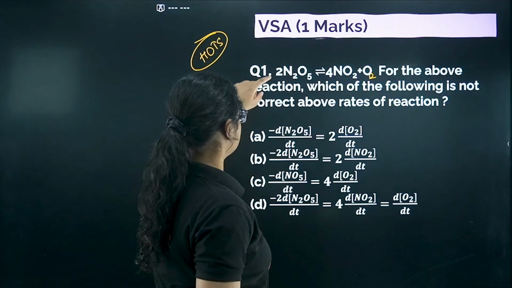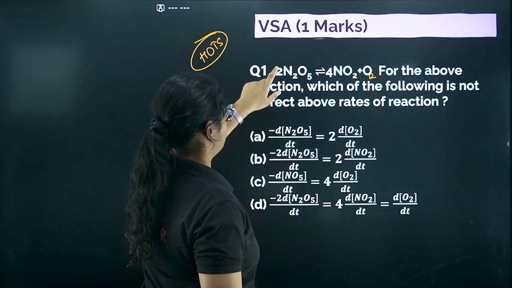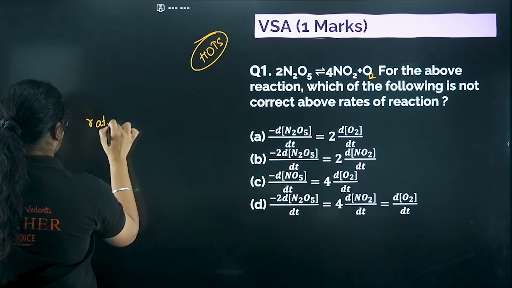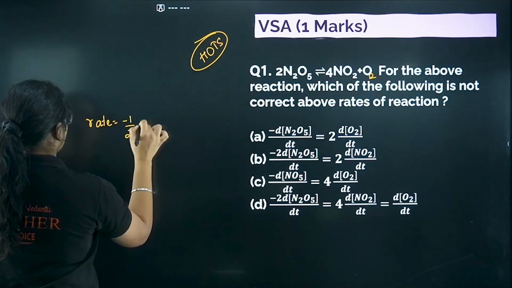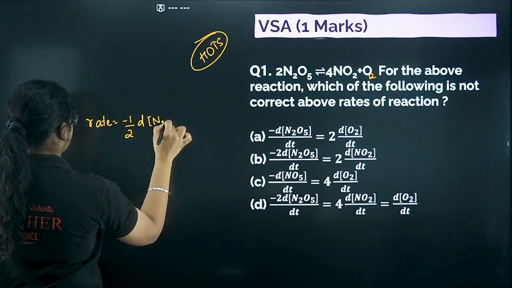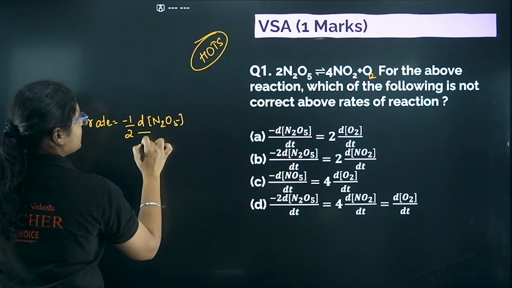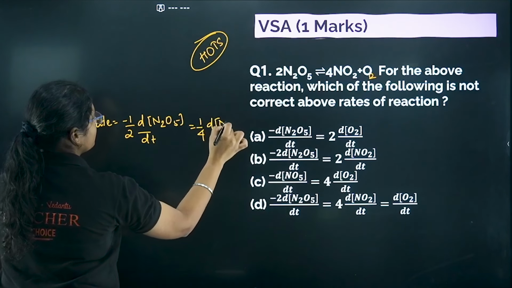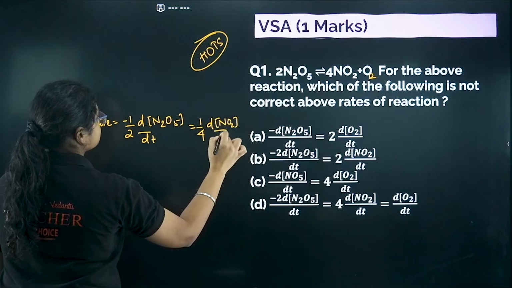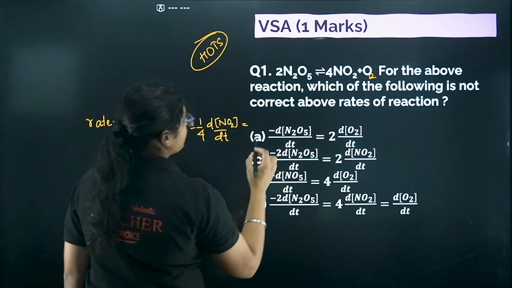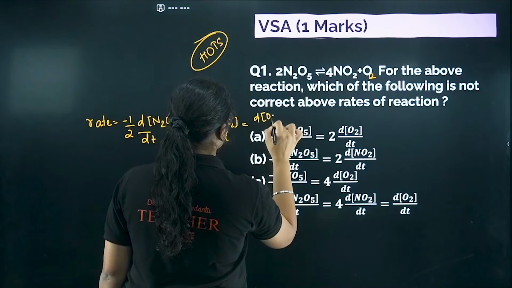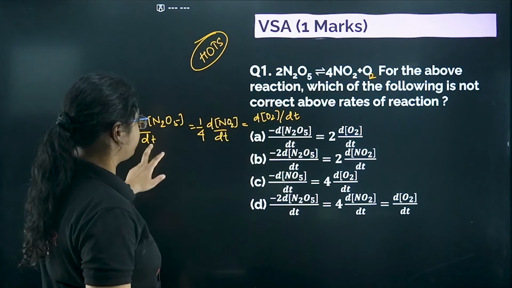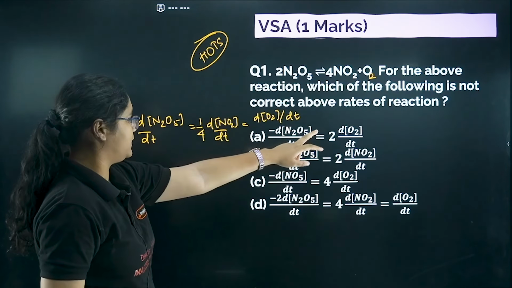See, the rate will be equal to minus 1 by 2 of dN2O5 by dt, is equal to 1 by 4 of dNO2 by dt, is equal to dO2 by dt. So minus dN2O5 by dt will be 2 times of dO2 by dt.